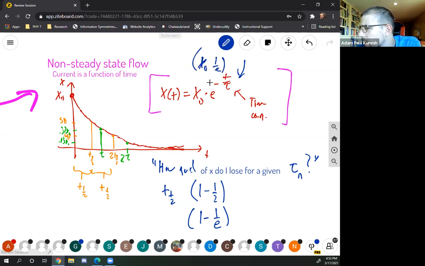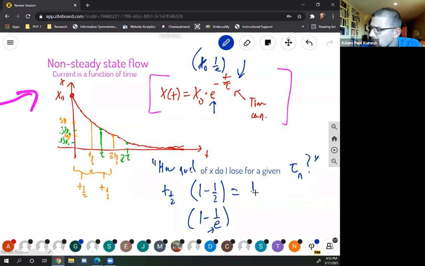So at t equals tau, the right-hand side is x naught over e, Euler's number. So that's why here this is an e.